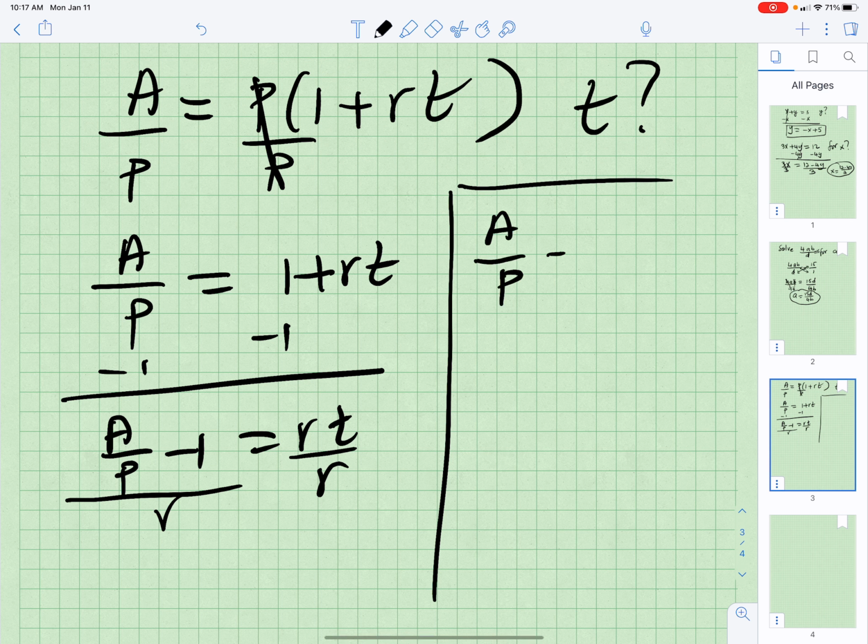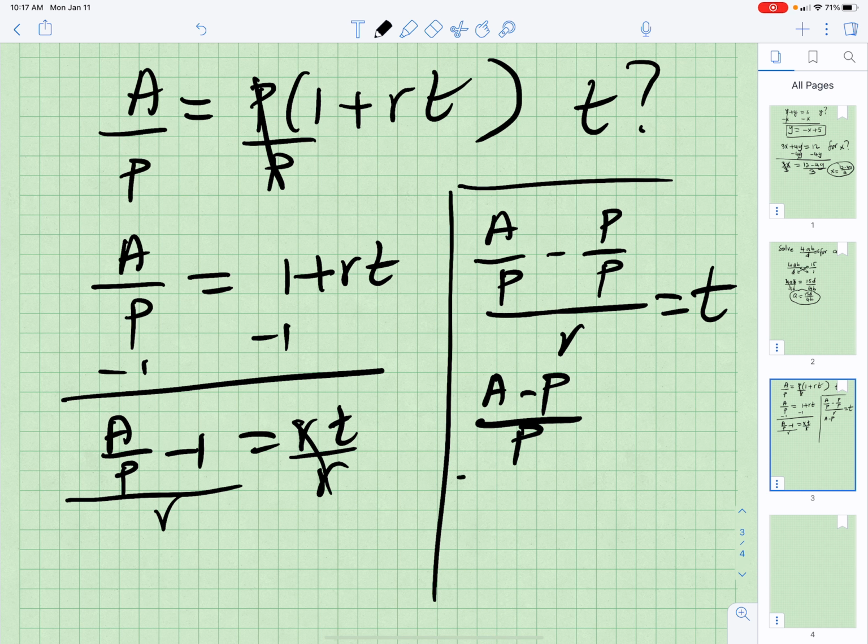I can here put p over p, because p divided by p is still 1. So I just replace the 1 by p over p. So now I have a minus p over p over r equals t.